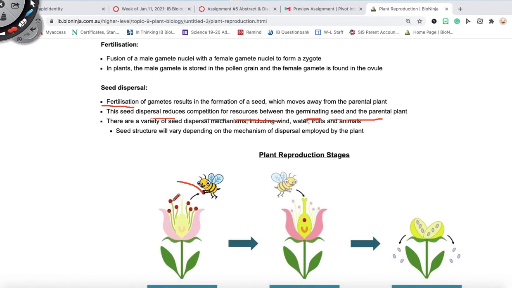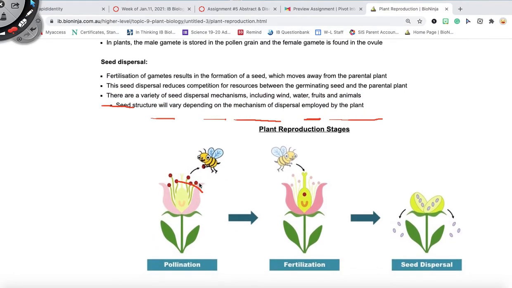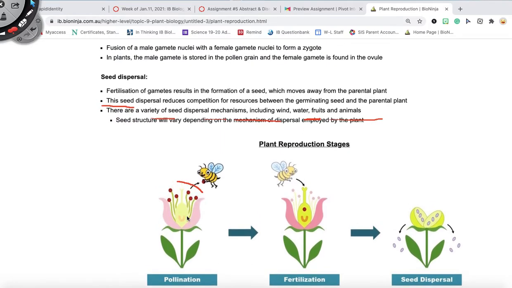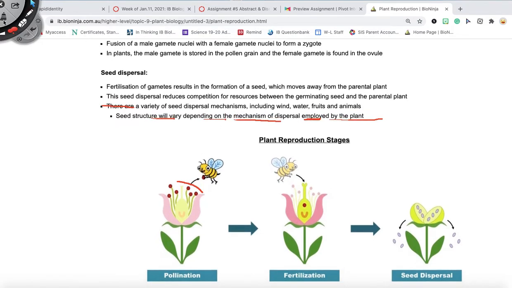So this is the filament, this is the anther, and inside the anther, which is the male reproductive organ, we find the pollen. And this pollinator here can either allow this plant to self-pollinate, or it can take this pollen to another plant and allow for cross-pollination.